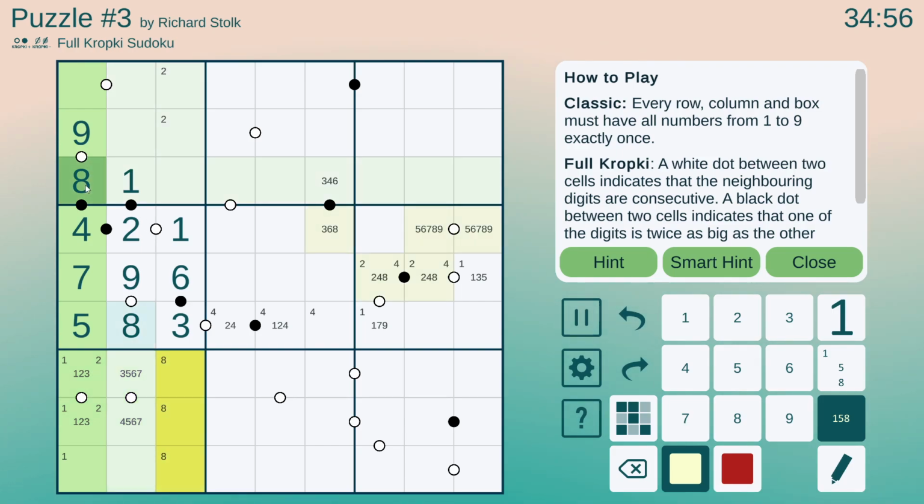Yeah, I don't know. I mean, it's something. It's 4 digits, but it is somewhat restricted. This cell is pretty darn restricted.